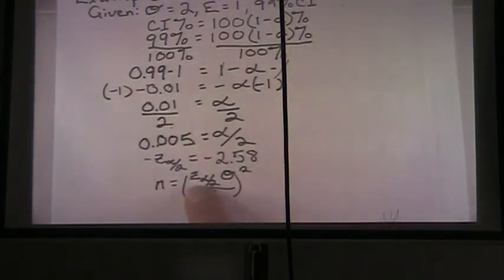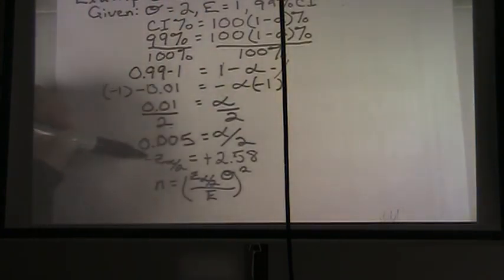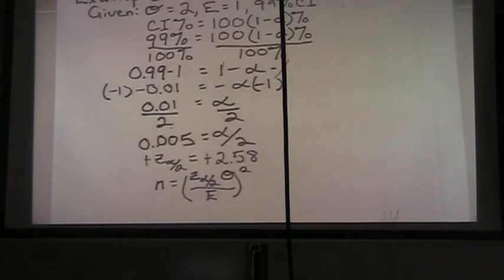A negative number squared is going to be a positive number. So it wouldn't matter if I put it in as a negative number, but just for grins, we're going to make it a positive number.